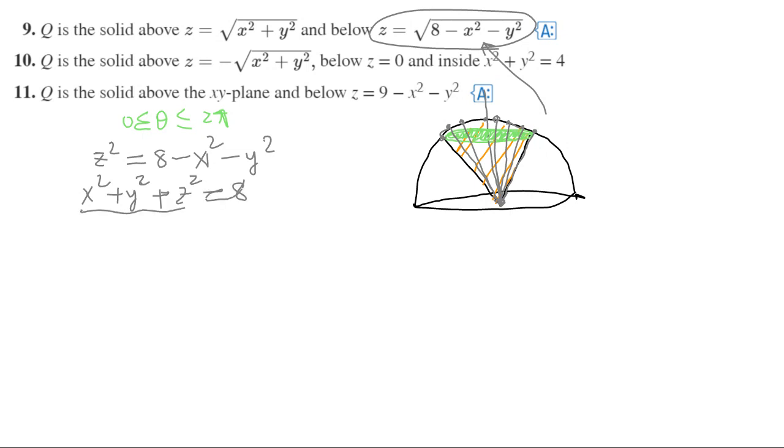This is your rho squared. Excellent, Fatima, yes. Rho squared equals 8. Therefore rho is radical 8. So rho between 0 and radical 8.